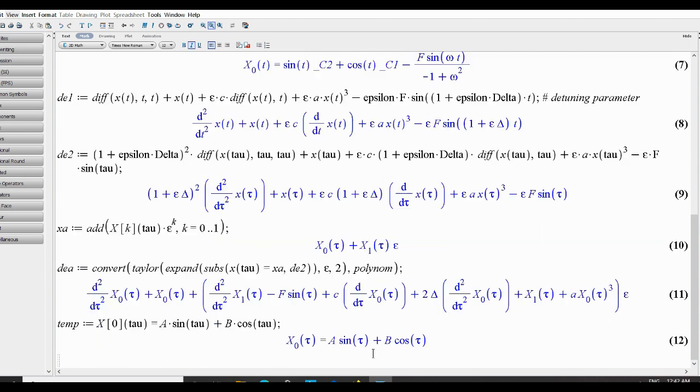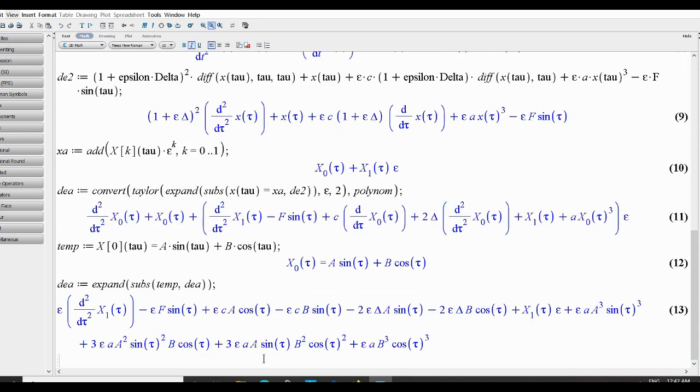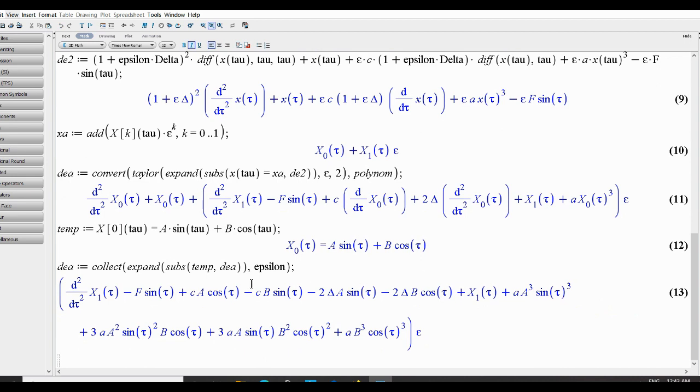Okay, then I say DEA is equal to expand, substitute temp in DEA. Okay, and then it's all order epsilon here, you see, so I can say collect epsilon. Okay, and then I can say this is what I have to solve now.